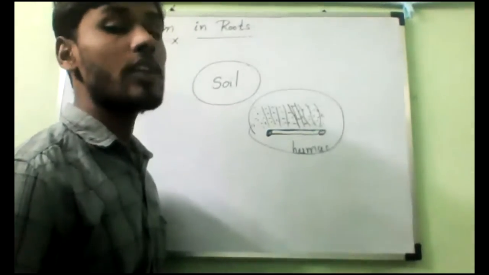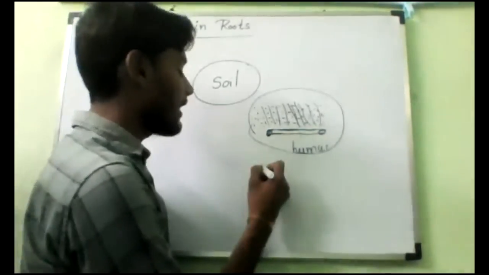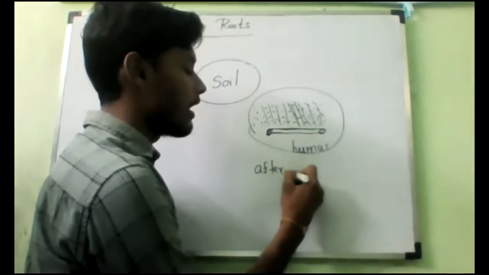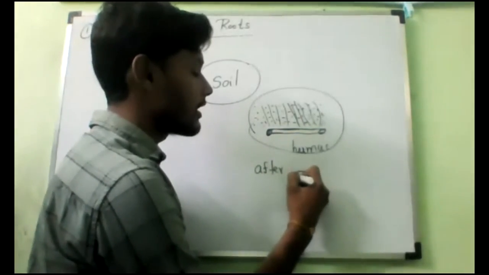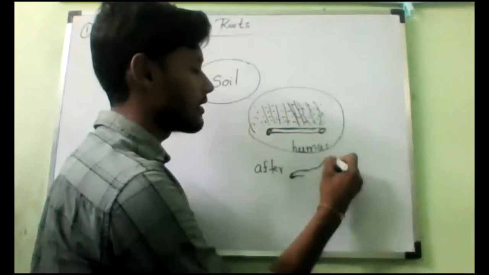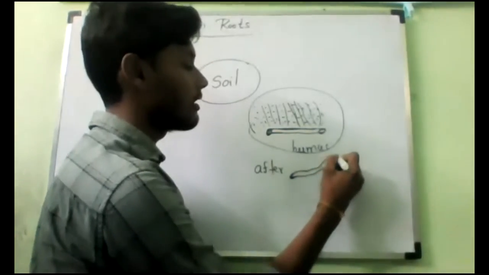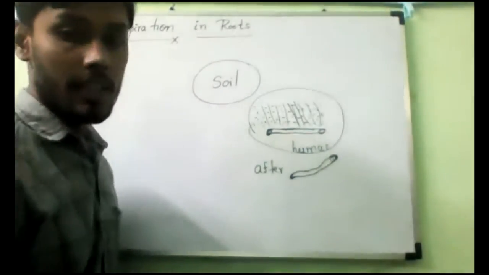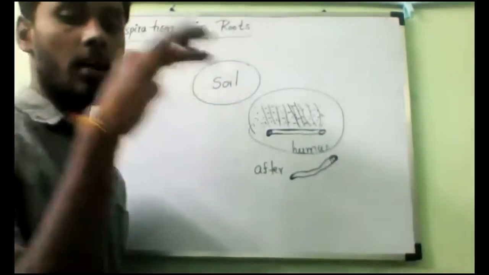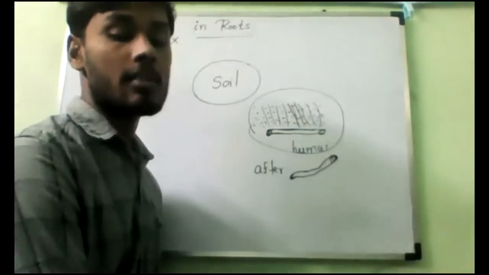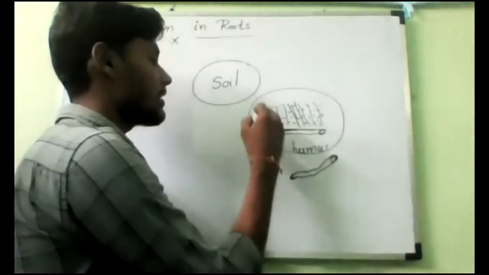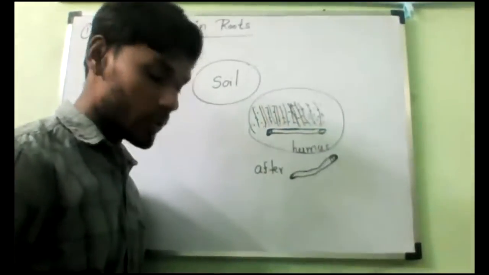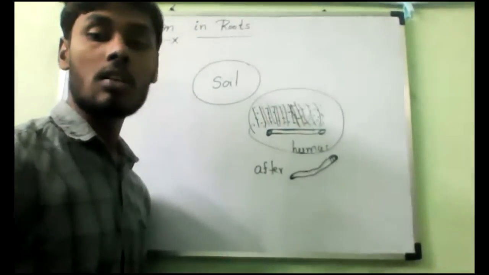Now, that is why you may notice that after rain, all the earthworms will come onto the surface of the earth. Have you noticed it? After the rain, all the pores of the soil are filled with water, so they cannot get sufficient oxygen.